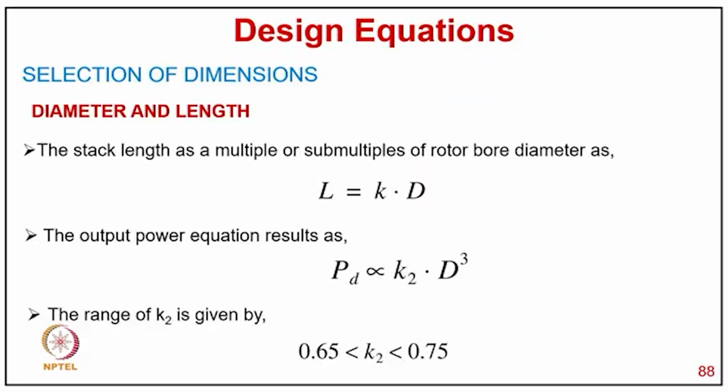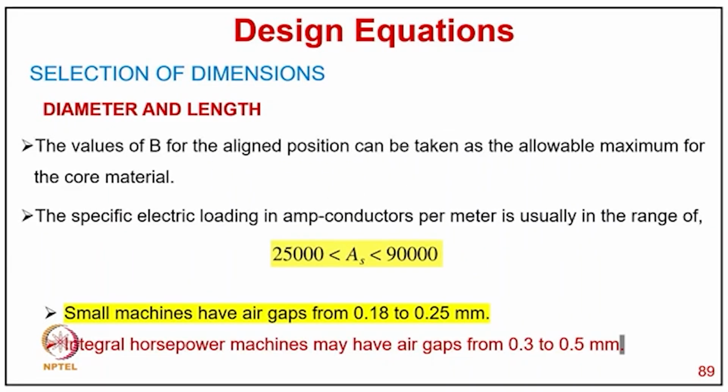Now coming to selection of dimensions, diameter and stack length, especially the stack length, as a multiple of the bore diameter, L equal to K into D. The output power equation results as P_D proportional to K_2 into D cube. The range of K_2 is given by 0.65 to 0.75. Now the value of B in the aligned position can be taken as the available maximum for core length.